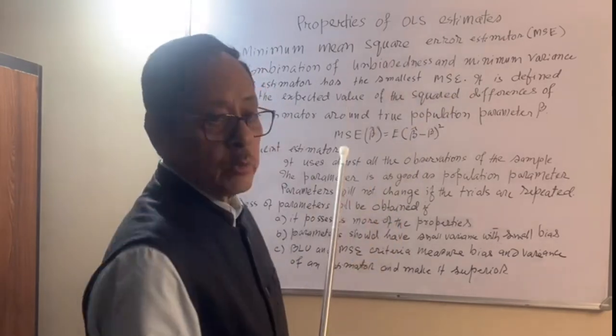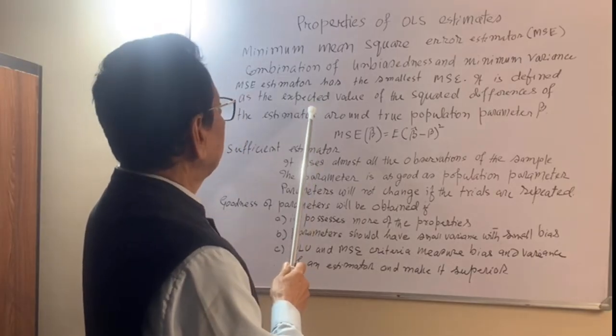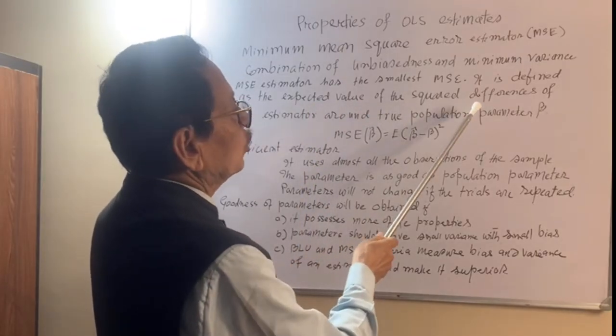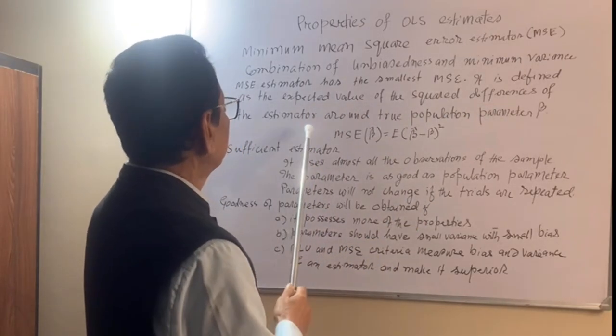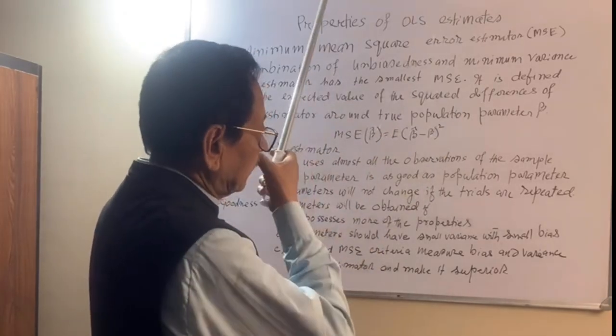Now what is mean square error? It is defined as the expected value of the squared differences of the estimator around the true population parameter.